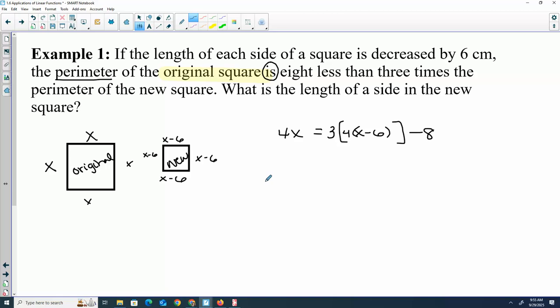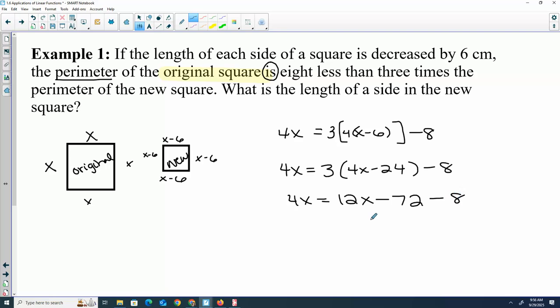Okay, so I already identified my variable and everything in terms of that variable. I wrote my equation. Now we just have to solve it. So we have 4x equals 3 times, this would be 4x minus 24. If I distribute my 3, we get 12x minus 72 minus 8.